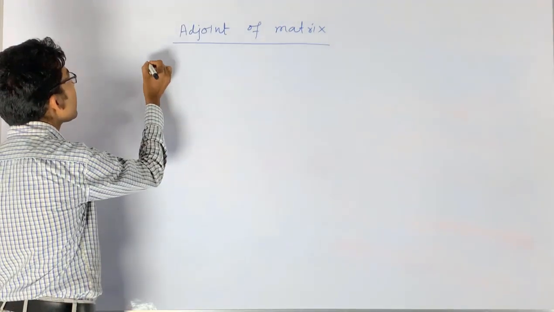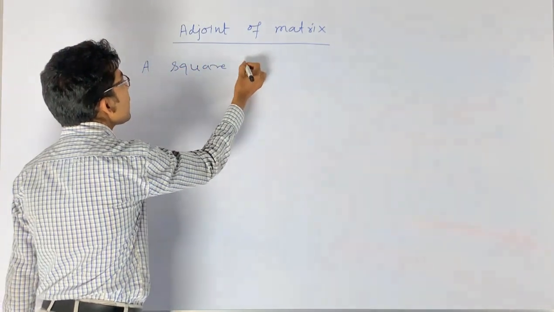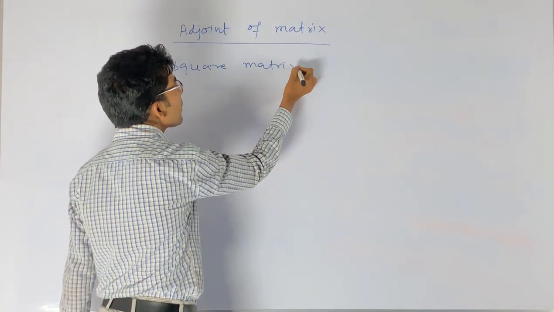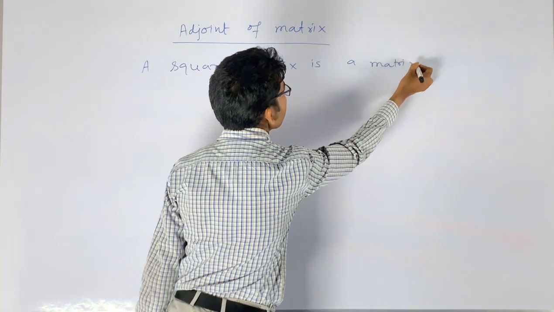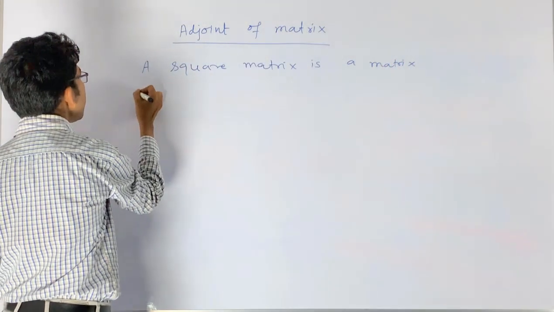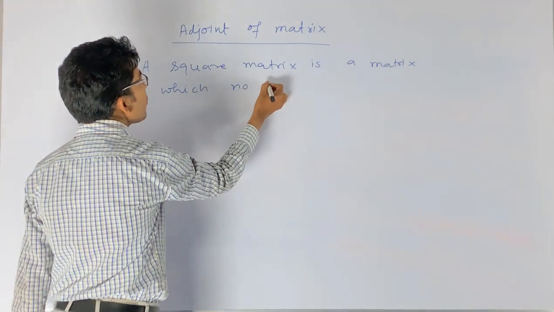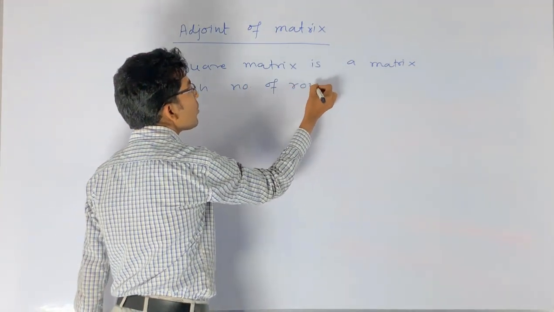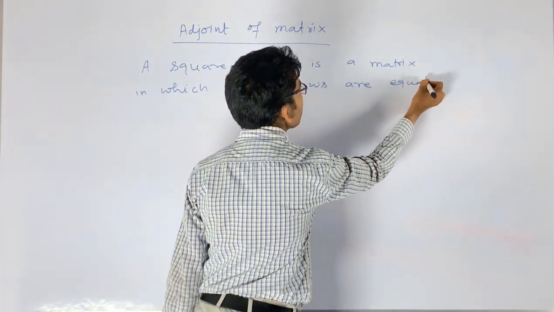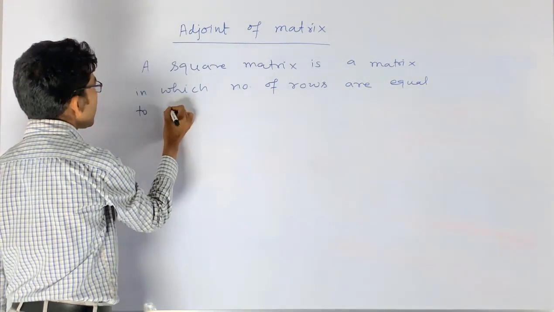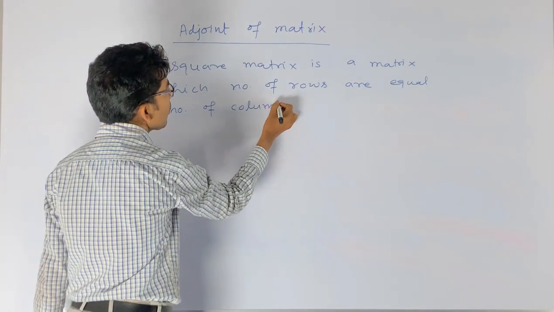Means a square matrix is a matrix in which the number of rows is equal to the number of columns.